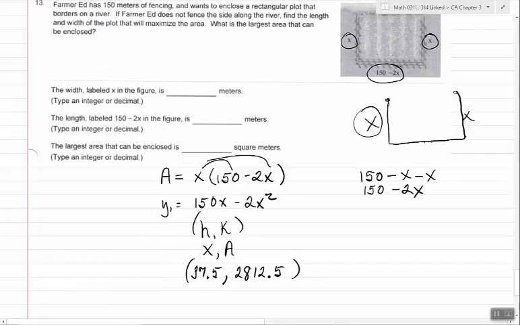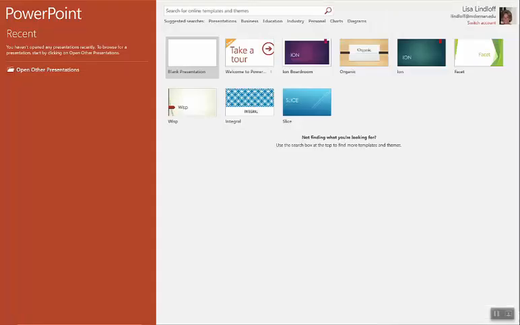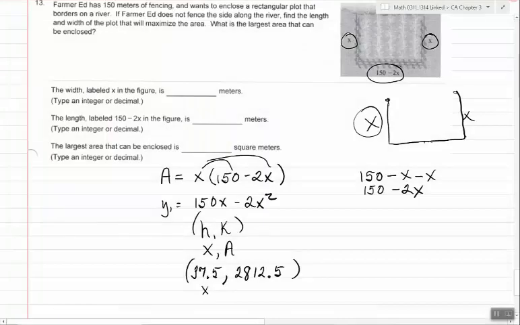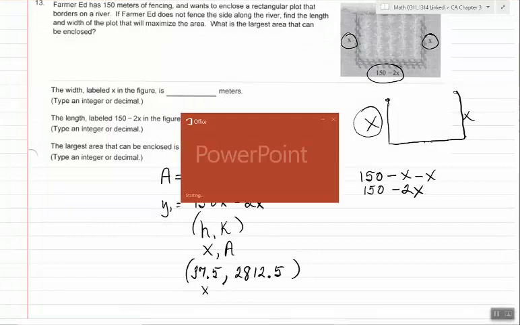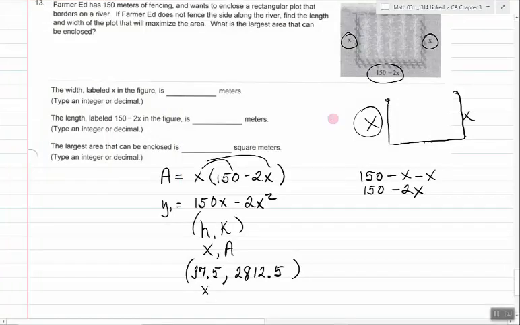Now let's see about answering the questions. I have this, but what do I have? This is the width. It's x. Okay. The picture told me to use x there. Oh my goodness. It is 37.5.